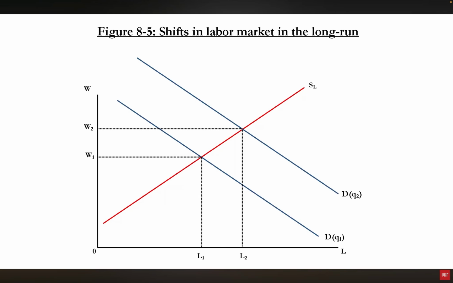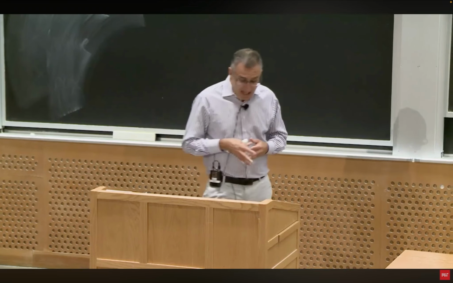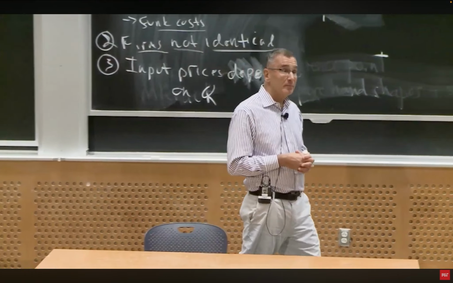So like any demand and supply curve, we have a demand for workers. The demand for workers is downward sloping. Okay? Why is the demand for workers downward sloping? It's downward sloping because as the price of labor goes up, firms want less of it.